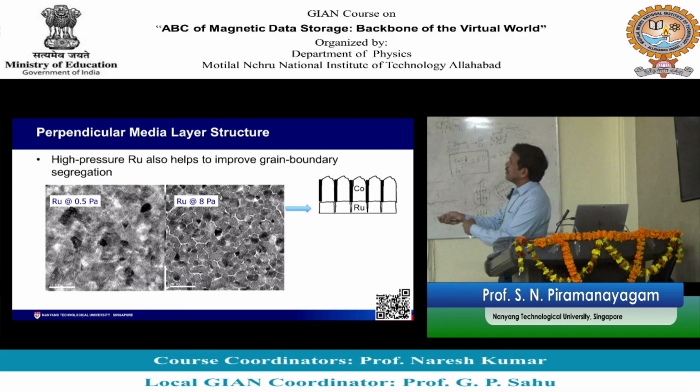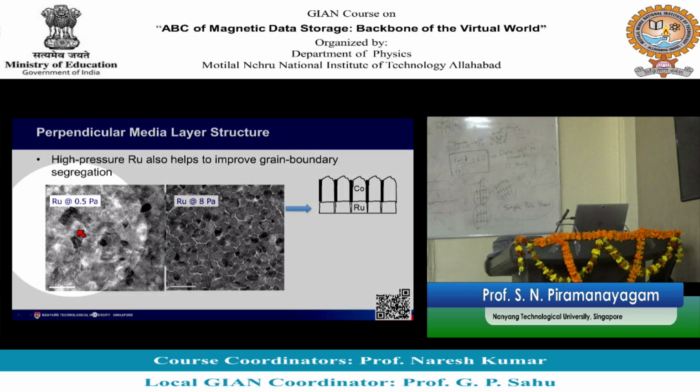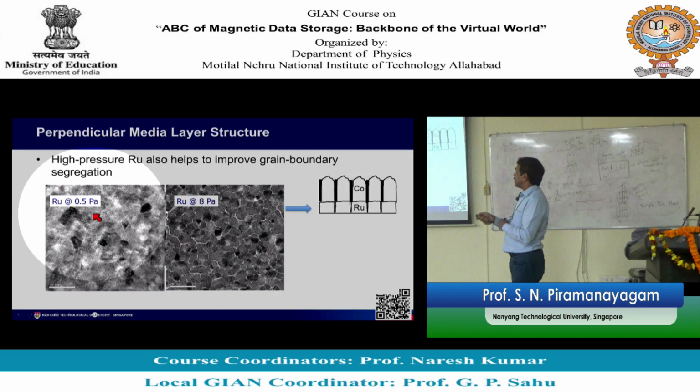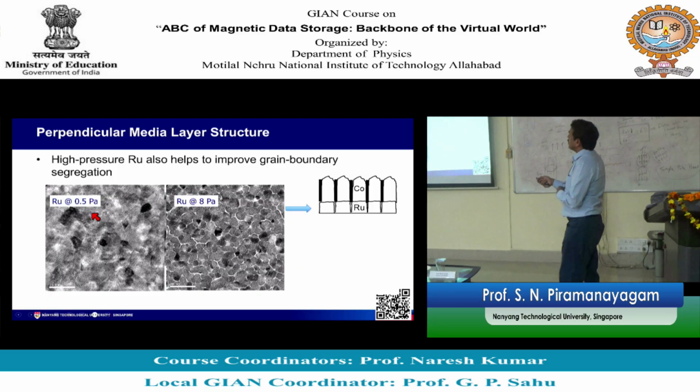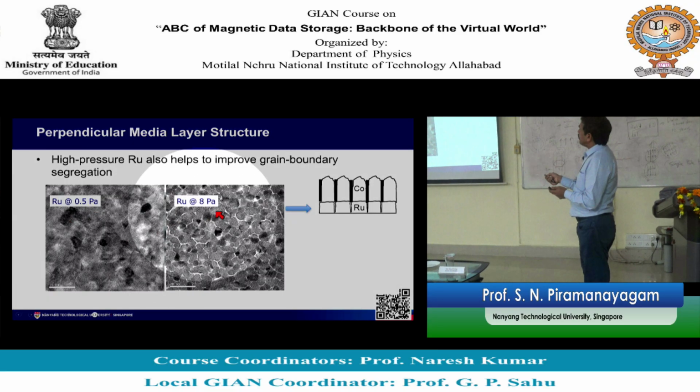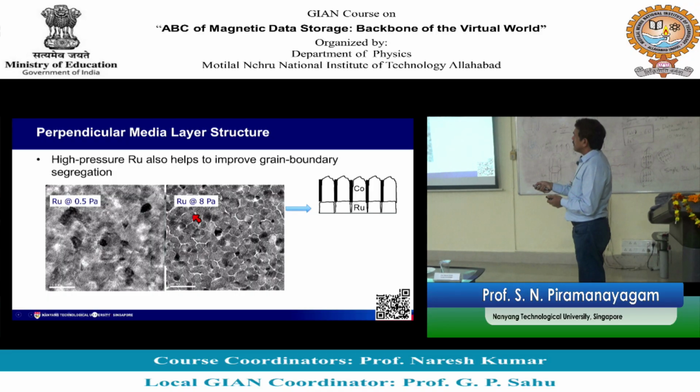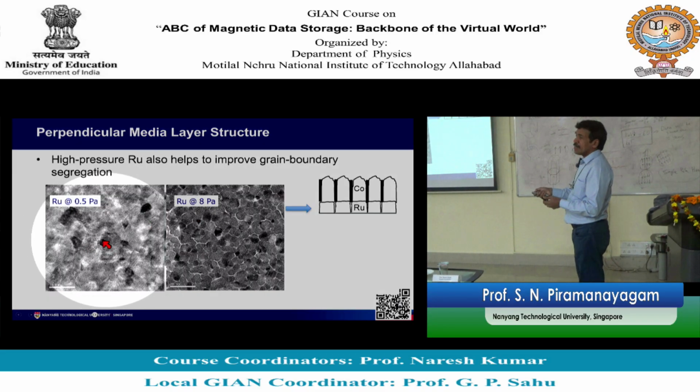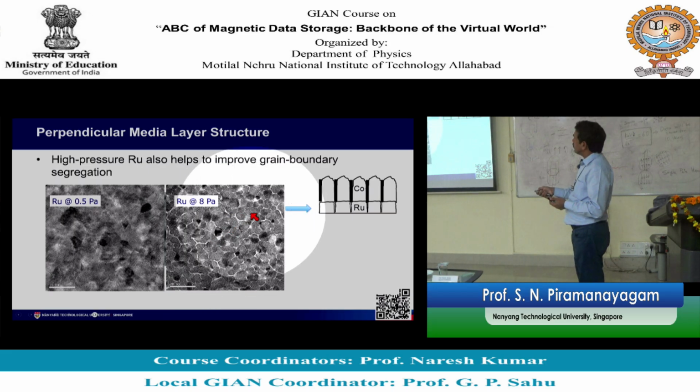Look at the transmission electron microscope image of two ruthenium layers. One ruthenium layer was grown at 0.5 Pascal of sputtering pressure, and another ruthenium was grown at 8 Pascal. Here the ruthenium grains are continuous. You cannot see any grain boundary, but here you see there are some white regions.